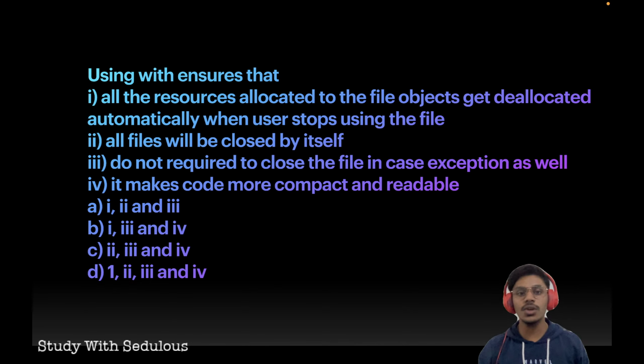Third, we do not need to close the file in case of an exception as well. And the second one is a bit too twisted, but it's the same. It makes code more compact and readable. It actually does. It makes the program much shorter, and it is much easier to read also, rather than going for open then close. With just the with statement, we can neglect it all. So the answer should be 1, 2, 3 and 4, and that is option D.